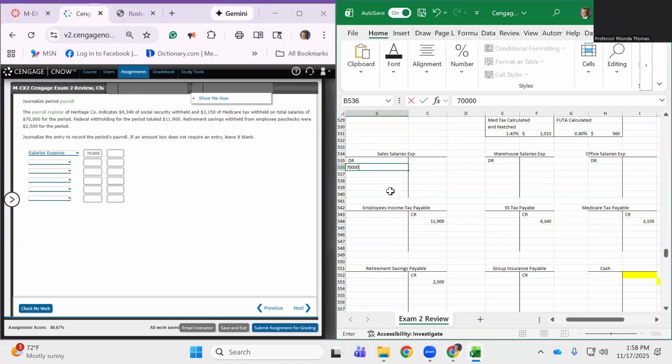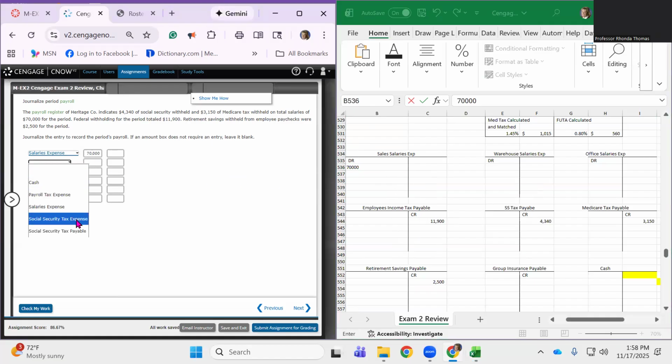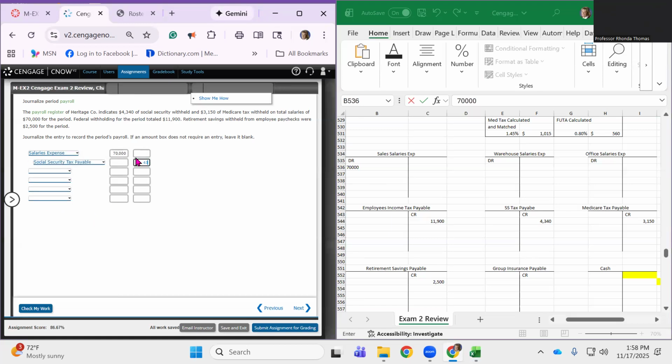Okay, there's the amount that we are paying. Okay, so then we want Social Security tax payable, which is the 4,340. Then we want the Medicare tax payable of whatever they're telling us. And then the federal income tax employees payable. Remember, all of these are payables because this is a liability chapter. And then the last one is the retirement deductions payable.